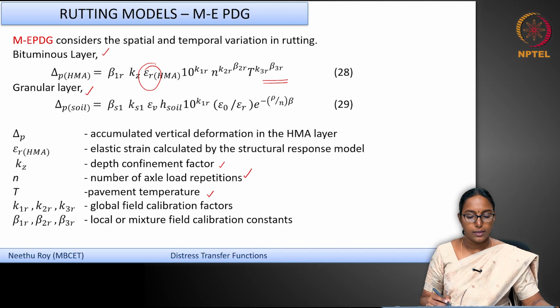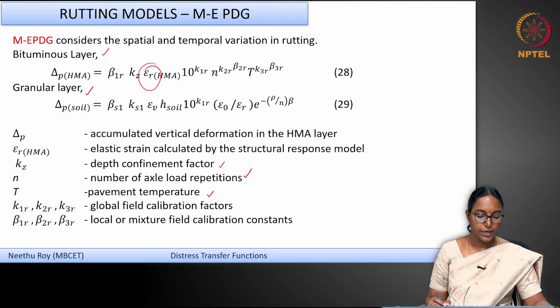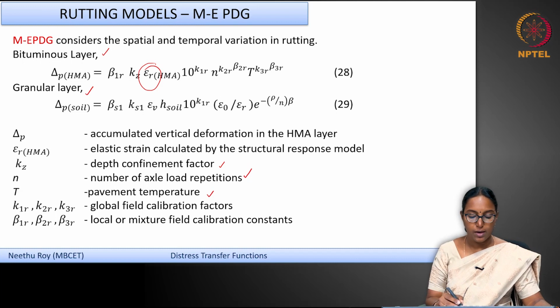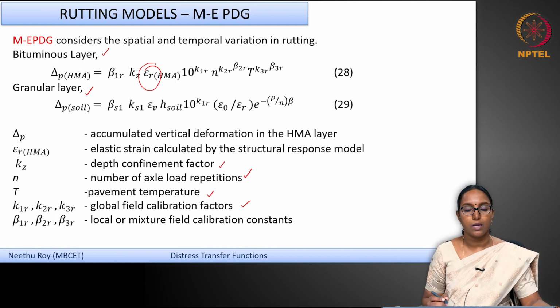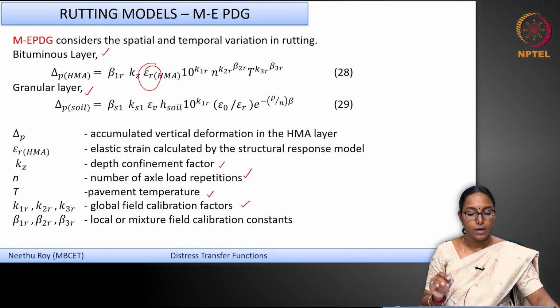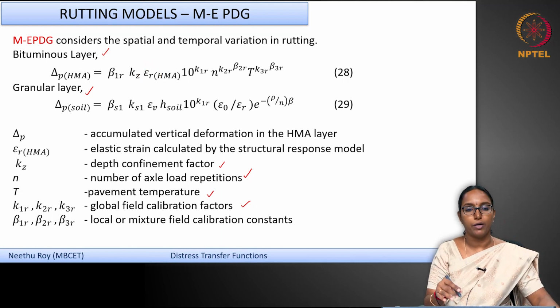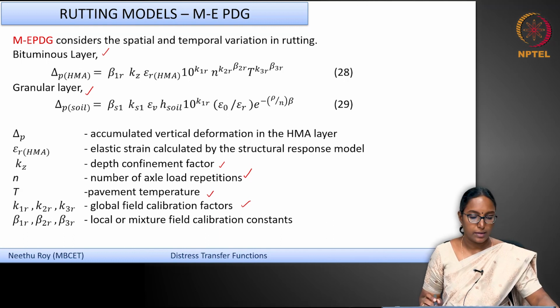Then there are various calibration factors, like K1R, K2R, K3R and so on, which are the global field calibration factors, and there are the local or the mixture field calibration factors. So for the performance of the pavement and the performance of the mixture, you have calibration factors which can be utilized to convert this model to be used in your local conditions.